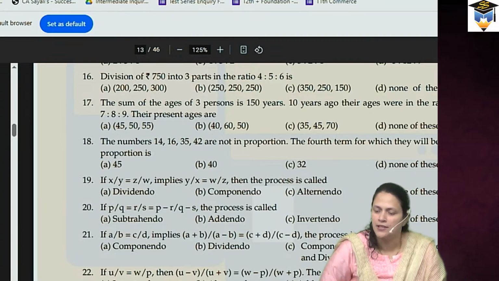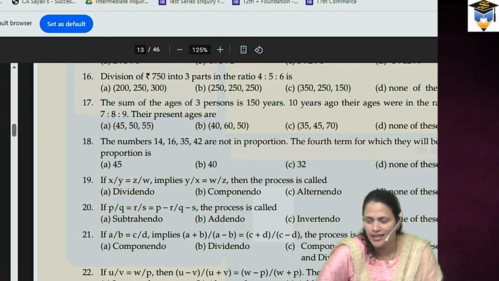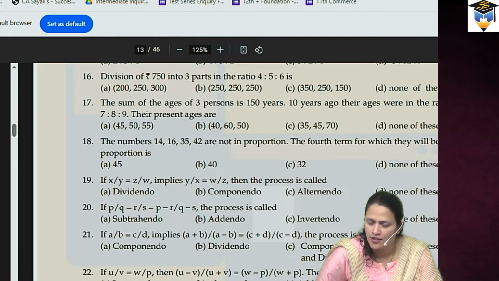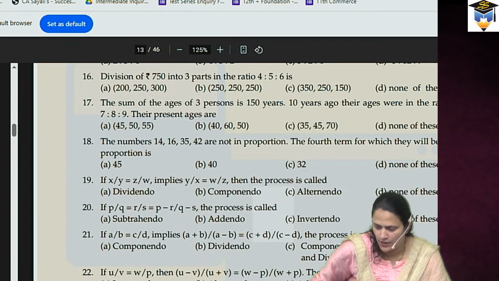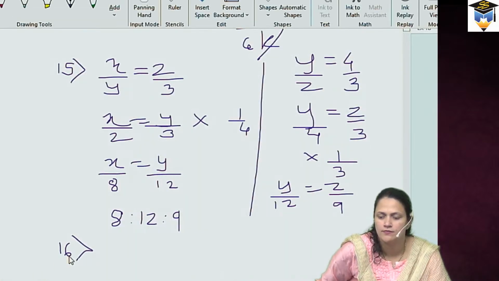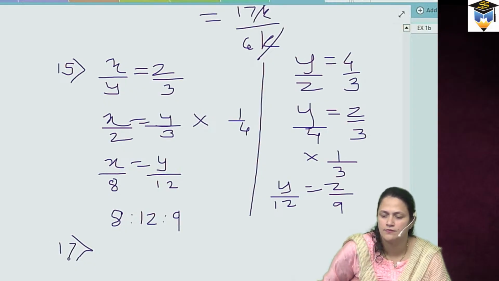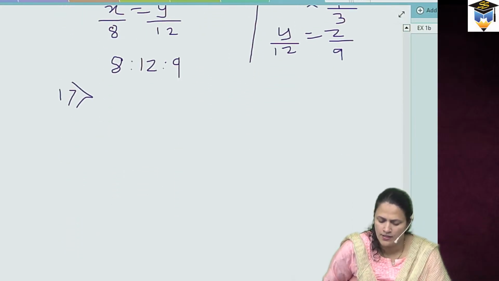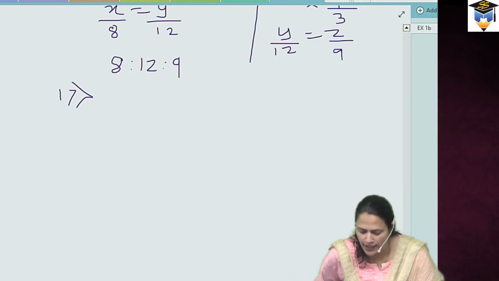Sum of ages of 3 persons is given to us as 150. 10 years ago, their ages were in the ratio 7:8:9. So 10 years ago means what? Before 10 years. Okay, so see what they have given us here. Sum is given to us as 150 and the ratios are given to us as 7:8:9.